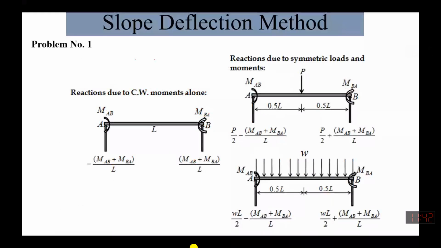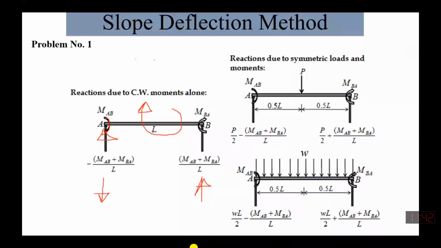If you see over here, this is your moment MAB and MBA. The total couple is trying to rotate the beam in the clockwise direction, so we need a reaction something like this, isn't it? Its reaction should be like this.